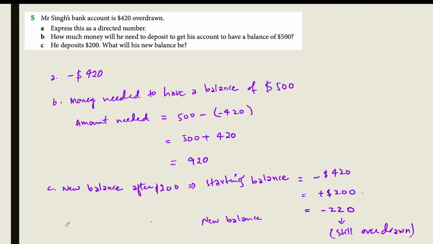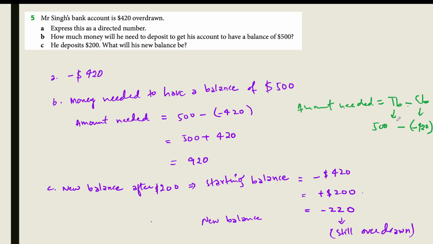Let me write the formula for you. Amount needed is equal to target balance minus current balance. So the target balance is 500 and the current balance is minus 420, and we have the subtraction sign from the formula.